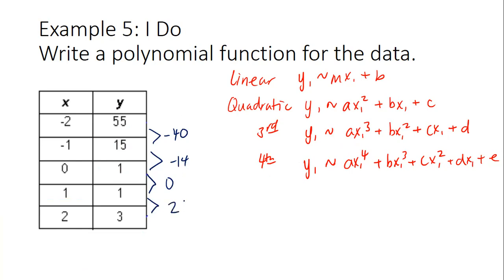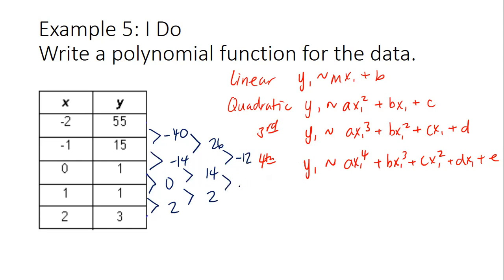Is it linear? No. Negative 14 minus negative 40 is 26. 0 minus negative 14 is 14. 2 minus 0 is just 2. 14 minus 26 is negative 12.